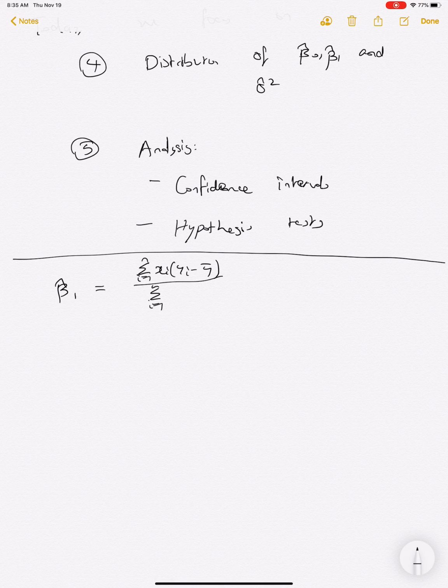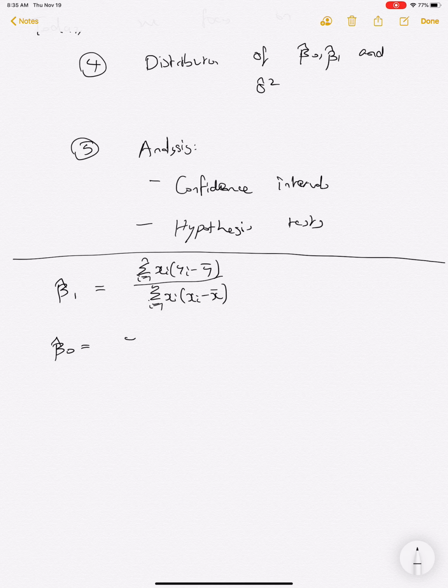And one thing to always keep in mind here, which I mentioned in the previous lecture, is that the y's are treated as random variables while the x's are treated as fixed. So the x's are fixed numbers, whereas the y is a random variable. That's always important to think about when you're taking means and variances.